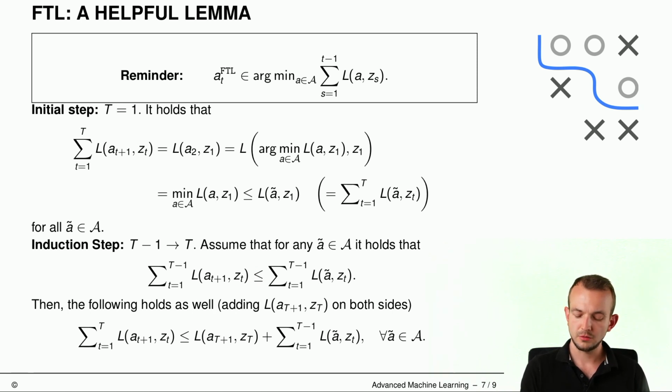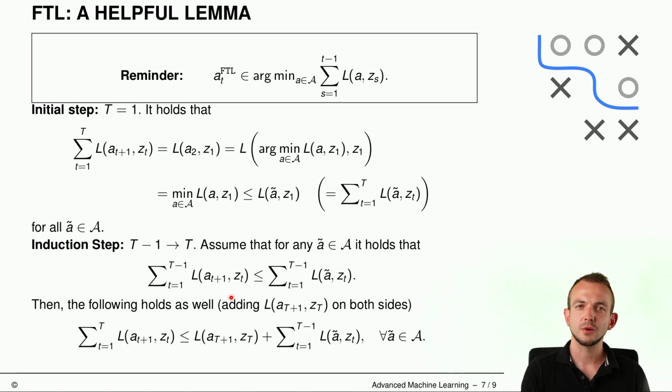And now we want to show that this here is implying also the inequality if we would replace the capital T minus 1 with T. Okay, so then let's simply add on both sides of this inequality. So we are assuming that this inequality is true. On both sides we are adding now the loss suffered by the action of the follow the leader algorithm in time step t plus 1 for environmental data point zt.